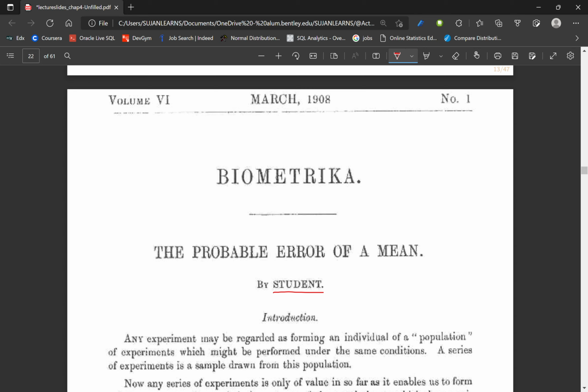We also know that, as a result of Cochran's theorem, normal distribution and chi-square distribution are independent of one another. And we talked about the life of a student: who is a student, when he published a paper, and how he published the paper.